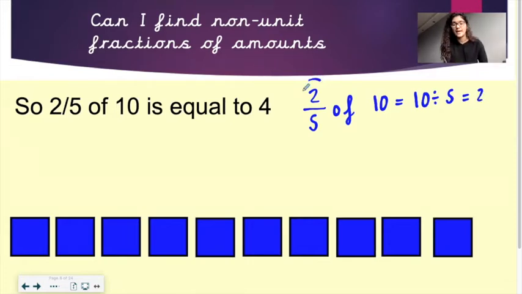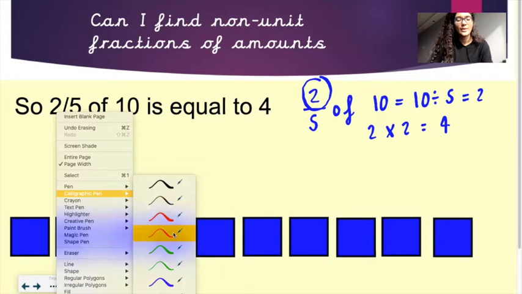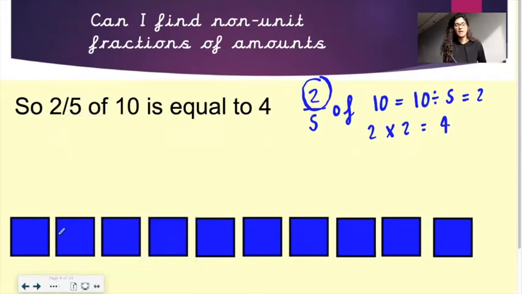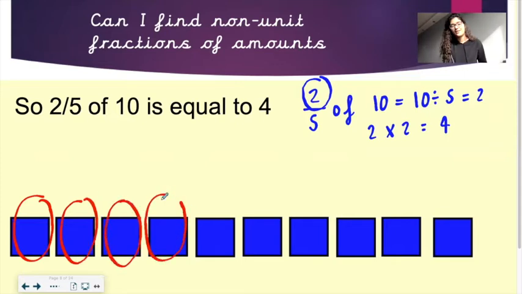The numerator in this question is 2. So you do 2 times 2, which is equal to 4. So if I was to show it on this diagram here, 2/5 of 10 is equal to 1, 2, 3, and 4. So that is 2/5 of 10 for you there.